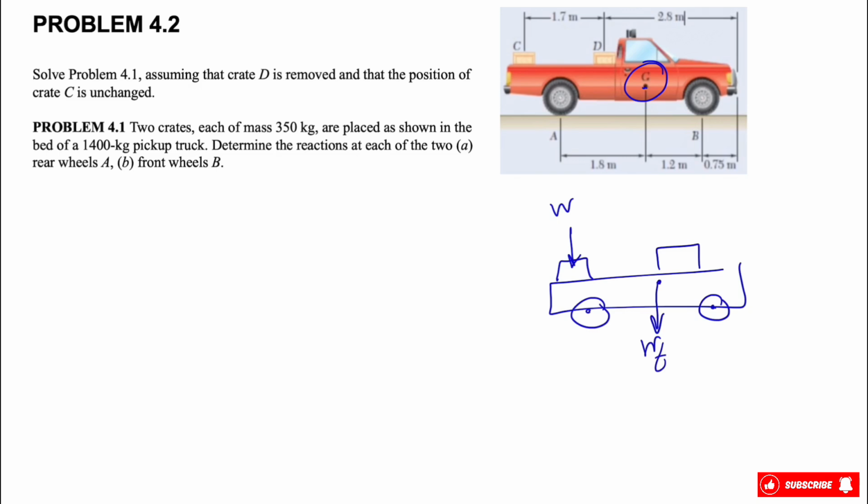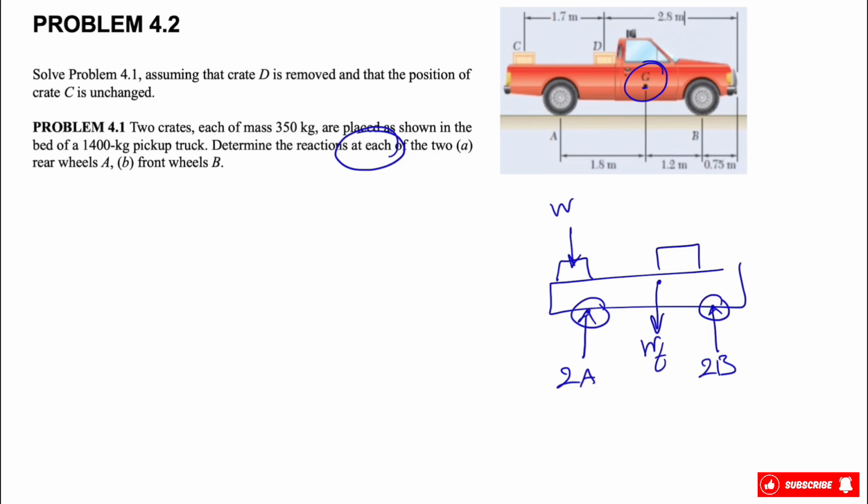Since there is no crate D, we don't need to consider it, and we have reactions at the front wheels and rear wheels. Since we have two wheels at the front and two at the back, and we are asked to find the reaction on each, we call this one 2A, where A represents each wheel, and 2B for the front wheels.